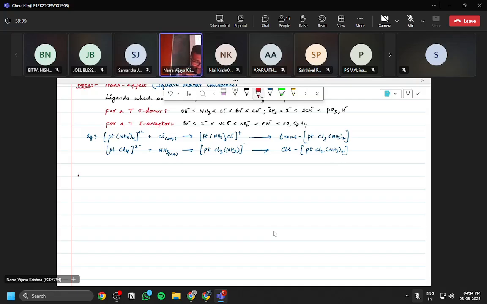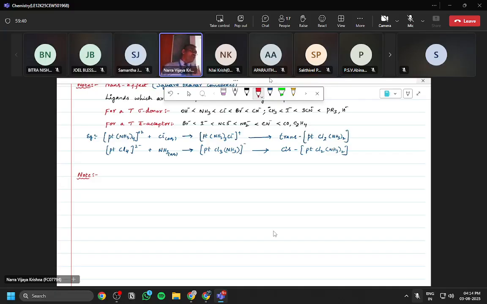Another note. This also, '98 or '96, I don't remember exactly, only once they gave this question. After that, maybe I have missed it. Till now, I have not seen any question in JEE Advanced using the concept called the trans effect series. In '96 or '98, they framed one question.